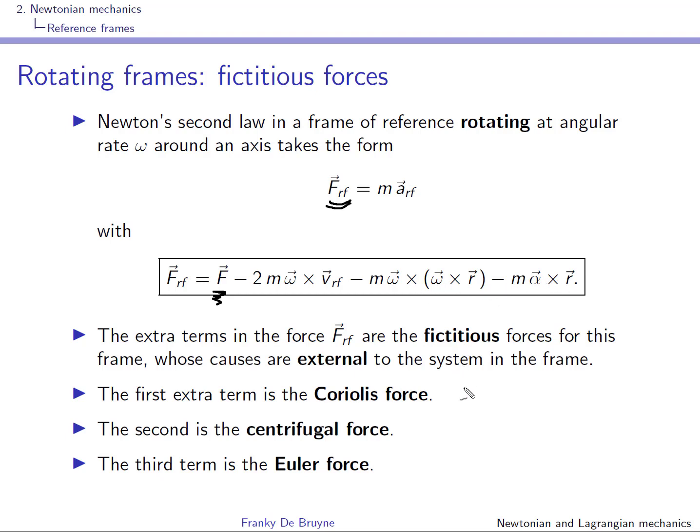The first term is the Coriolis force, the second term is the centrifugal force, and there is a third term that is called the Euler force. This third term only appears when there is acceleration in rotation, and in many applications the acceleration is either 0 or it's small. So in a lot of applications you will see that this third term can be neglected.